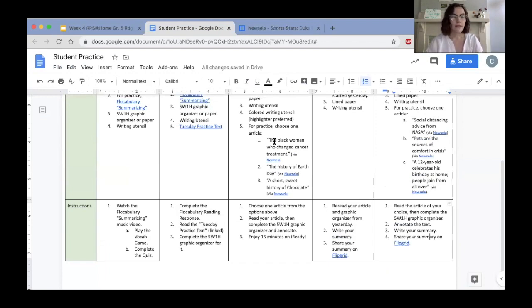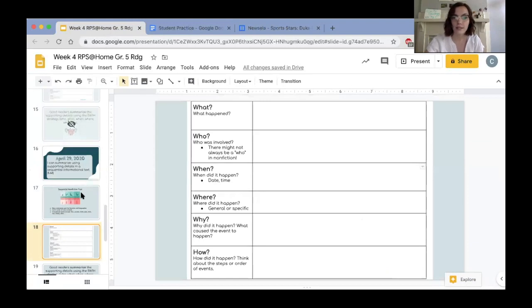For these, I'm going to invite you to create both, after reading, your 5 W's 1H organizer, and highlight your dates and make your timeline too. I hope you feel confident about summarizing in nonfiction text, especially within sequence.